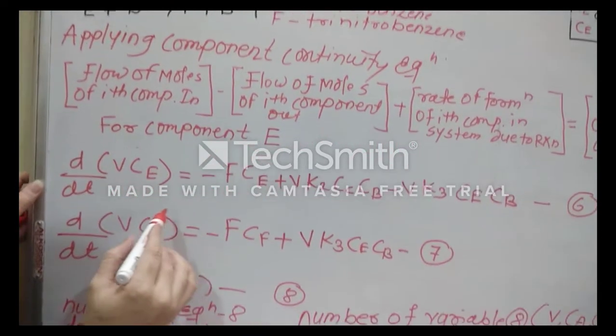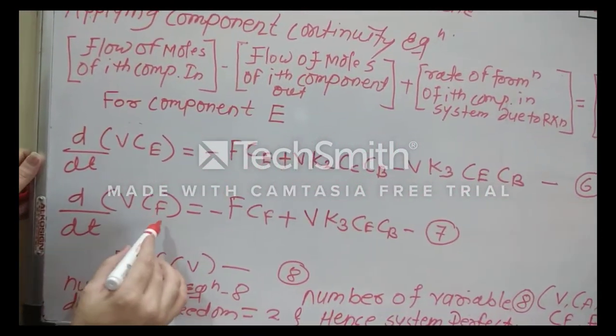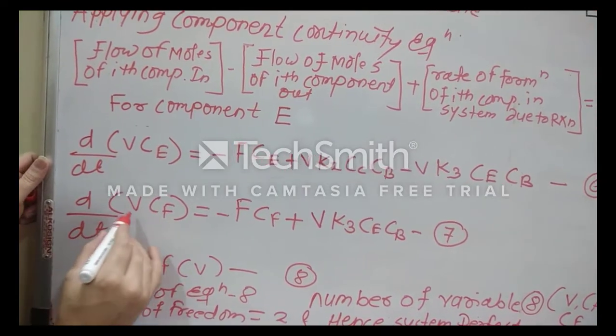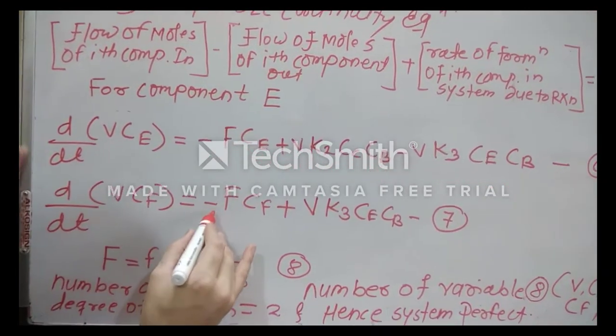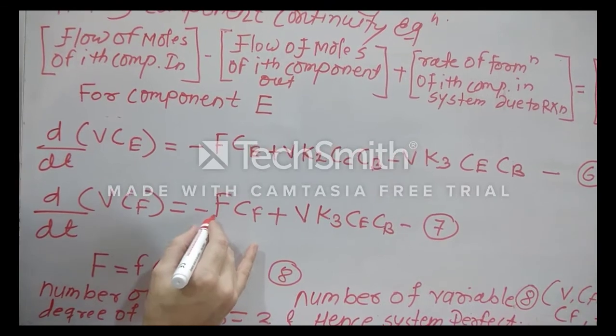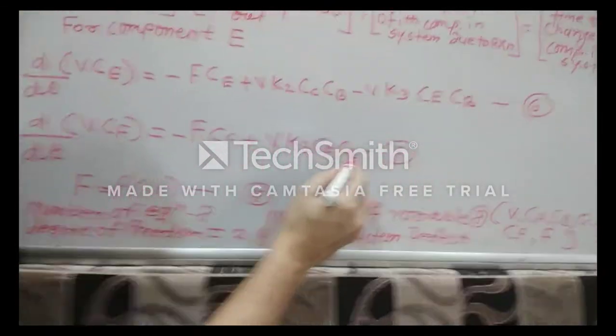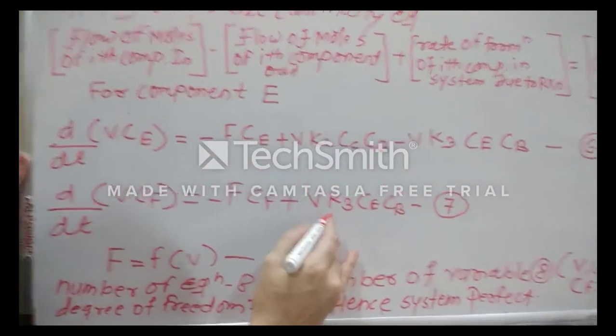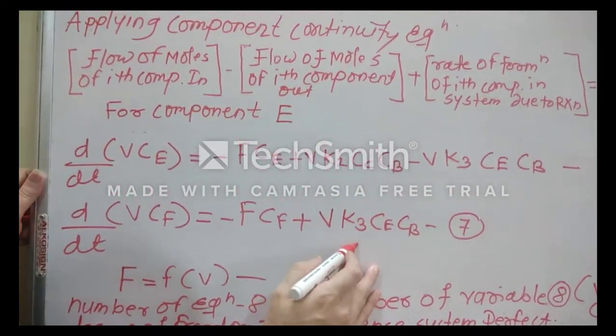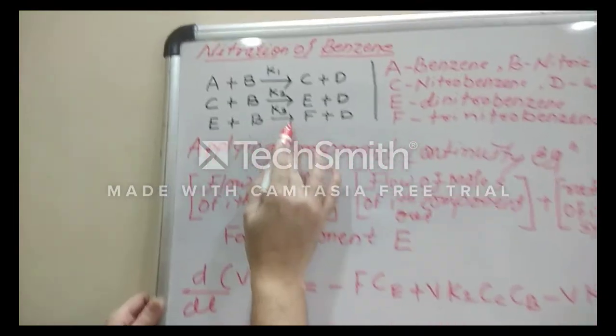Similarly, we can write for component F: d by dt of V into Cf is equal to minus F into Cf plus V K3 Ce Cb, as this component F is a product and is present in only reaction 3.